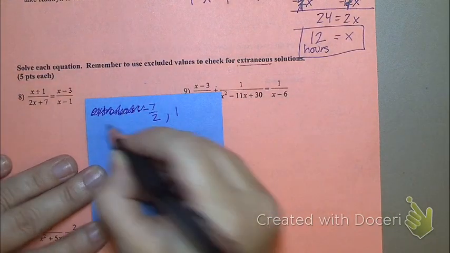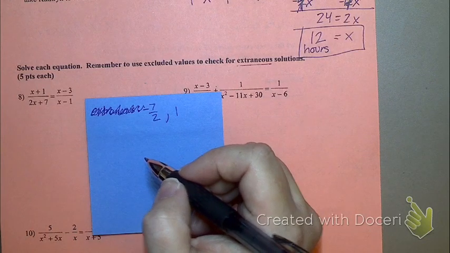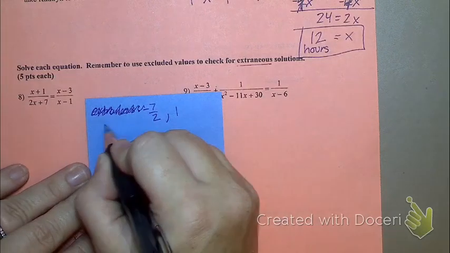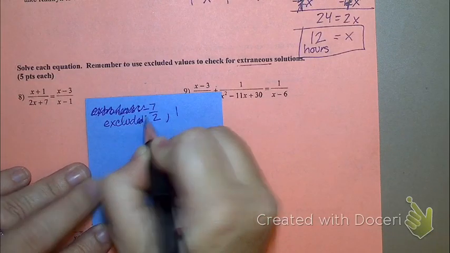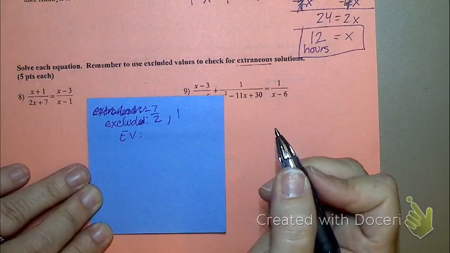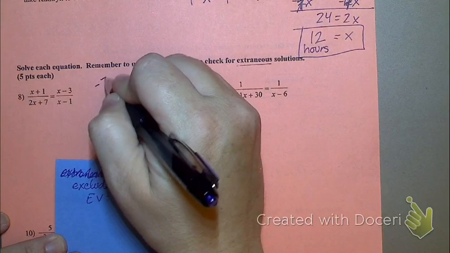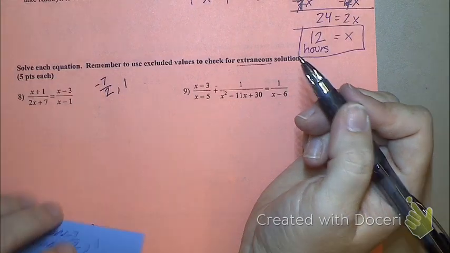They're numbers that need to be excluded if they came up as a solution. So please don't call them extraneous. Call them excluded, or even faster, EV for excluded values. Okay. So just keep in the back of your mind, you need to keep a watch for -7/2 and +1 in this problem. Okay?